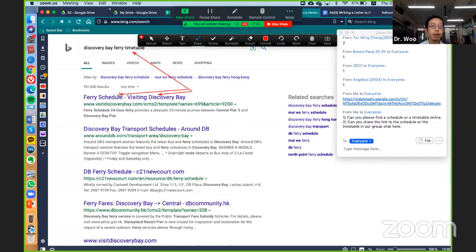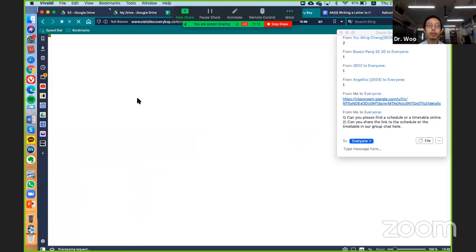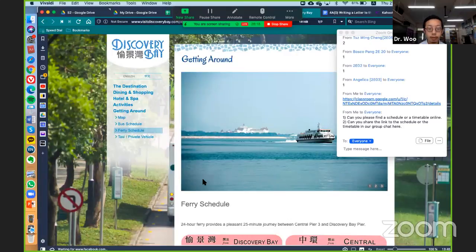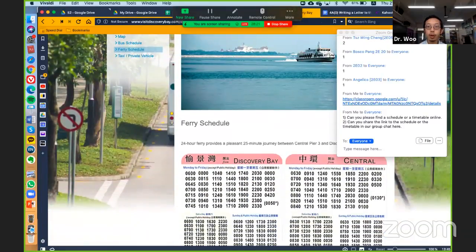So I'm going to take a look. And then there's some more schedules too, not just ferry, but other transport schedules. Let's take a look. All right, we found our ferry schedule.